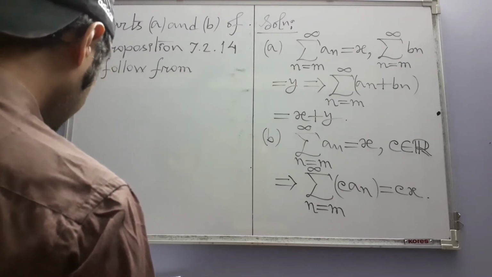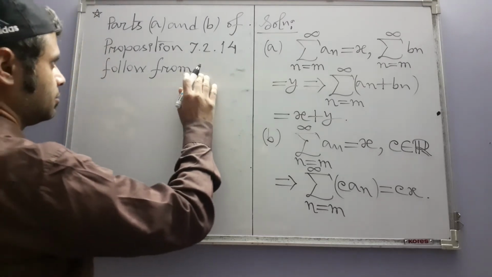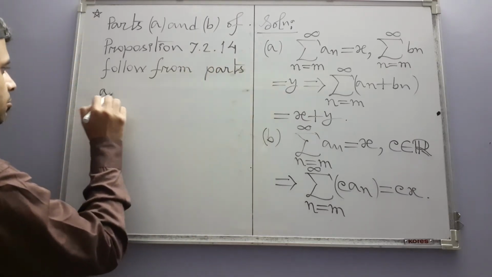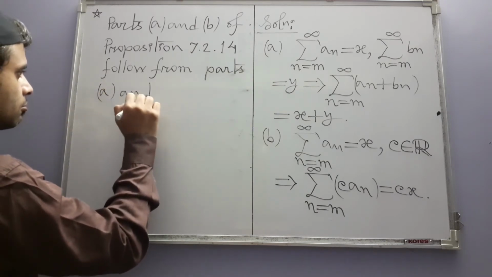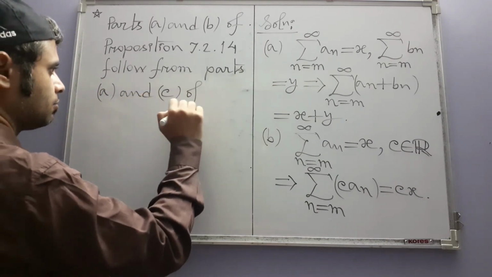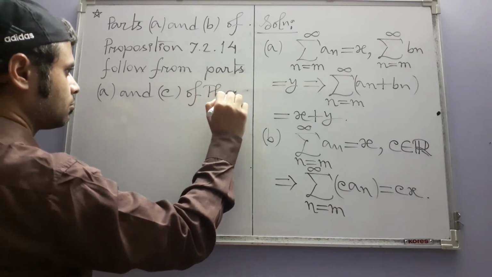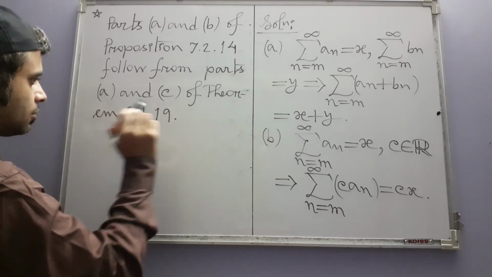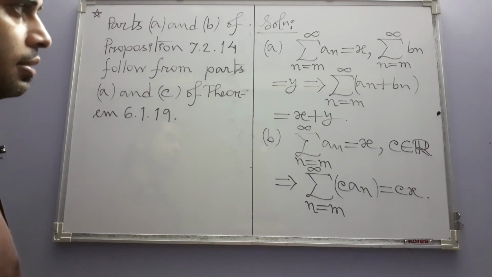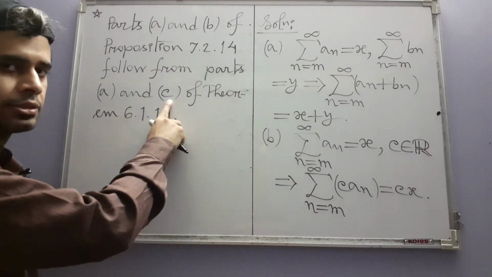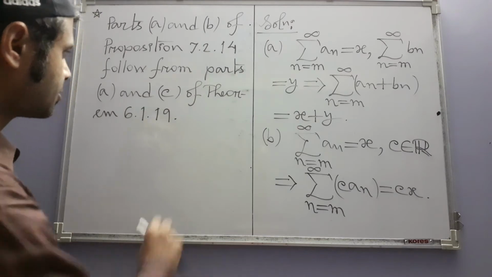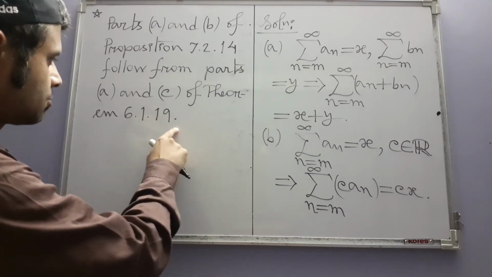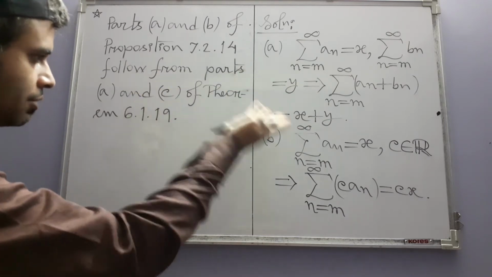Parts A and C, it is written here. Okay. A and C of theorem 6.1.19, and it is extremely easy. This may be B also. Okay, I may have made a mistake in taking things down here. You go to theorem 6.1.19 and you will understand which part we have used here.